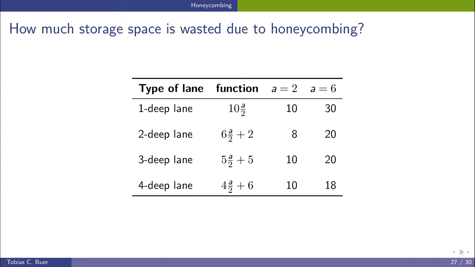And of course we can have wider or smaller aisles. So now these formulas, they describe a straight line, and in order to draw a straight line we need 2 points. So let's just take 2 arbitrary values for A.